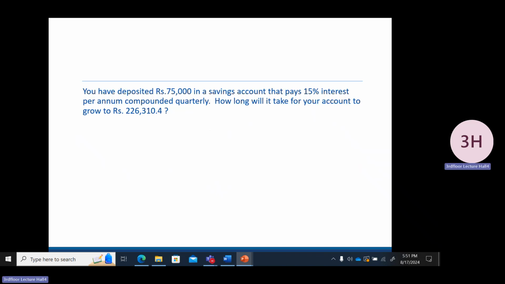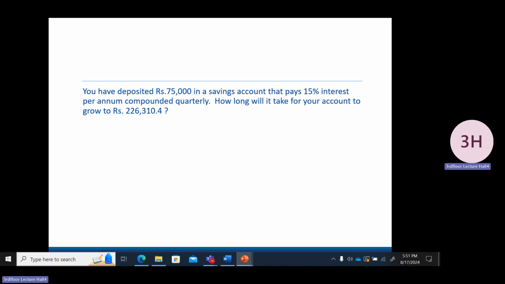You have deposited 75,000 in a savings account that pays 15% interest per annum, compounded quarterly.